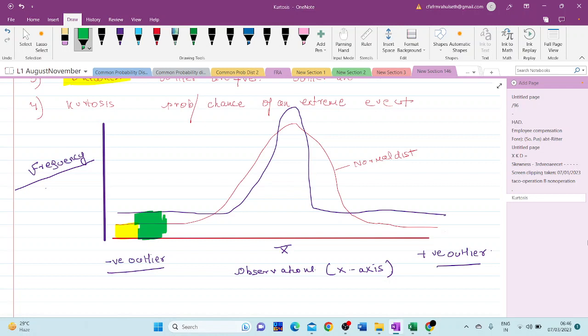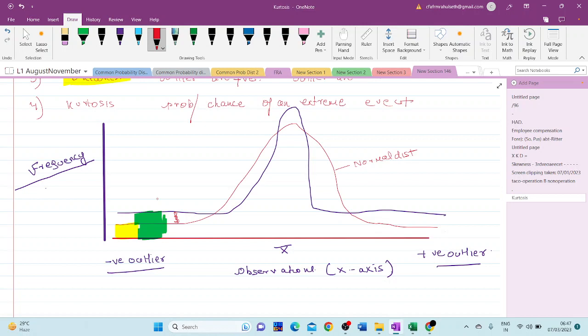Basically, the chances with which extreme values will occur in this fat tail distribution is more than normal, by this much. So in this fat tail distribution, chances of extreme values occurring are higher than normal.